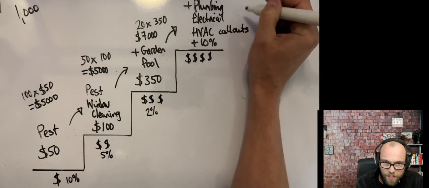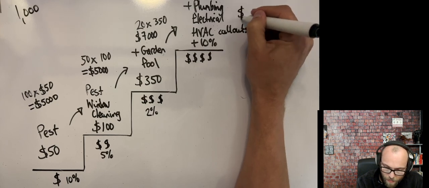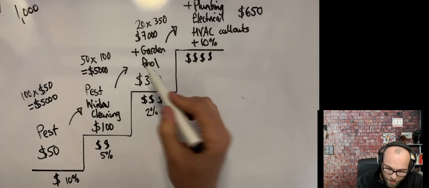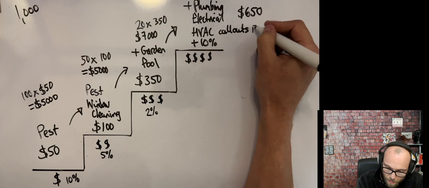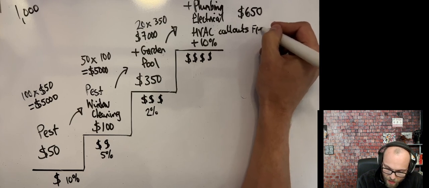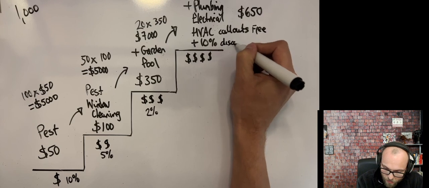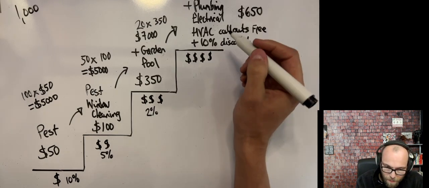And for this service, what would we charge for this? Let's say $650 a month. So they got pest control, window cleaning, garden and the pool done. They get the plumbing, electrical, HVAC, call-outs free. Well, I guess it's not free if they're paying that for every month. Plus 10% discount.